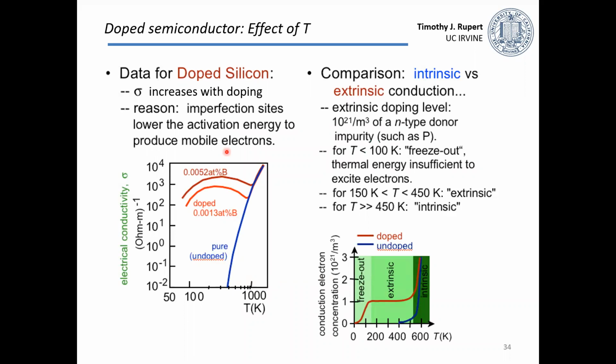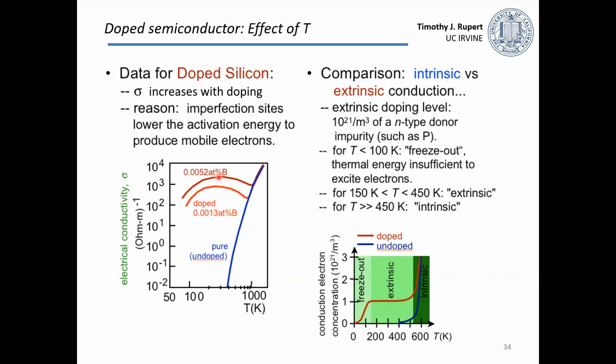With this, we can start to see what the data looks like for doped semiconductors. Here again is conductivity versus temperature. The blue line is the data for pure silicon that we saw before. Temperature increases conductivity. We can start to see that it's a little bit more complicated when we're talking about doped semiconductors. First of all, as we add those boron dopants, going from pure to a very small amount to a larger amount, the conductivity pops up quite a bit.